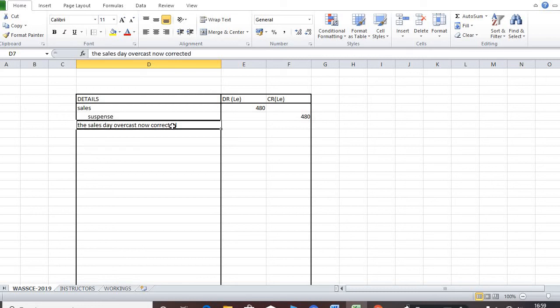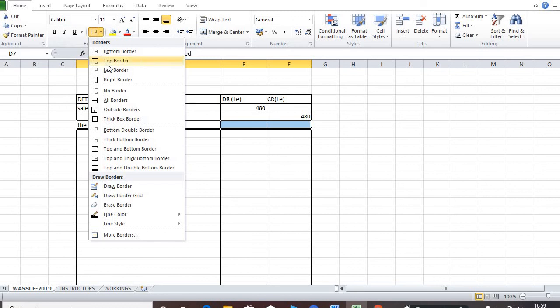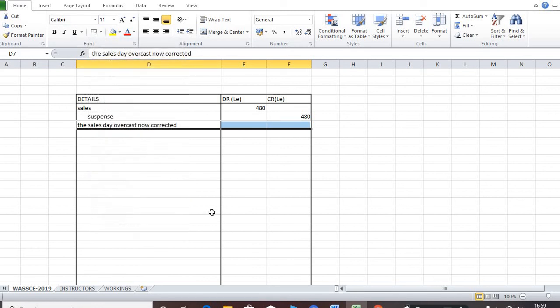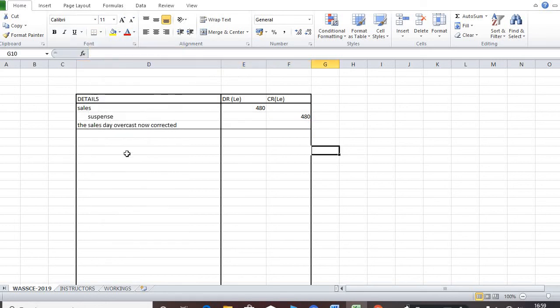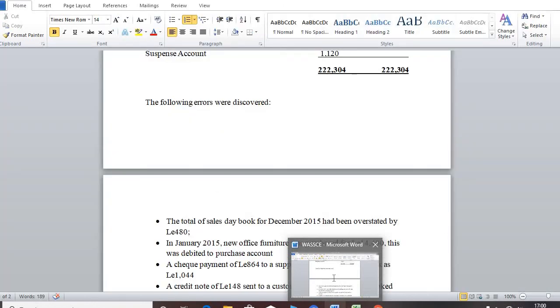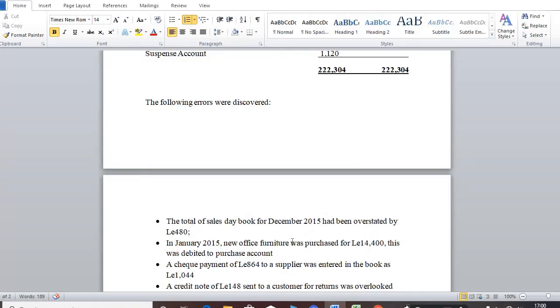When you finish, you have to underline it nicely to indicate you are done with the first requirement of the question. So this is the first solution for the first question, which says the sales day book has been bloated by this amount.